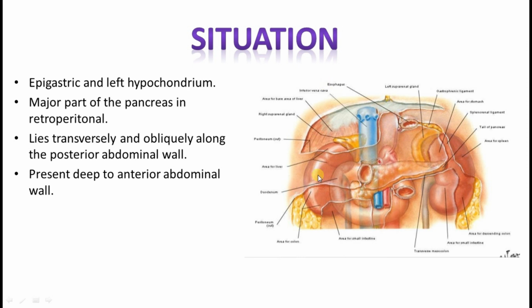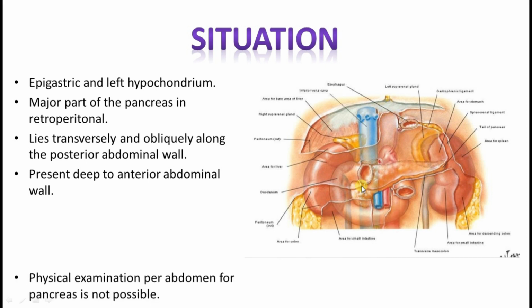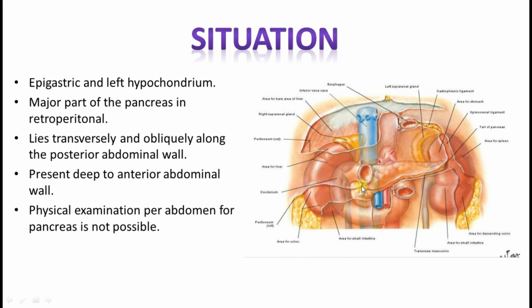You are able to see this is the posterior abdominal wall, and the kidneys, suprarenal and the great vessels, the inferior vena cava and the abdominal aorta are all present in the posterior abdominal wall. So just right in front of them it is present. That is why you cannot palpate the pancreas anteriorly, on per abdominal palpation. You cannot palpate the pancreas because it is present at a deeper plane.